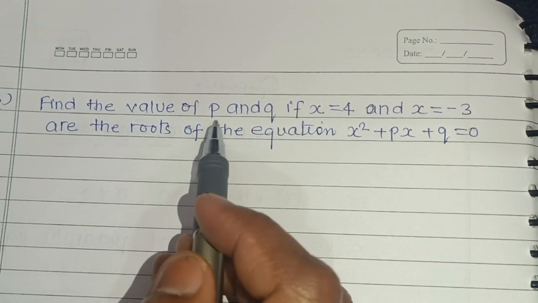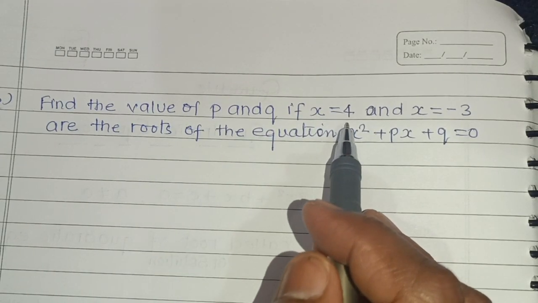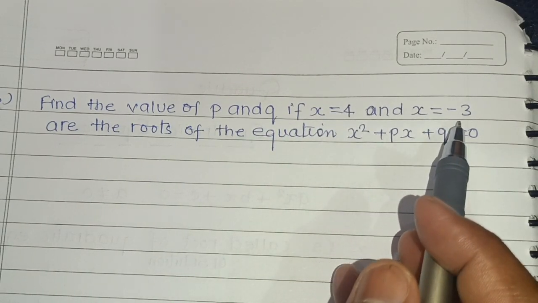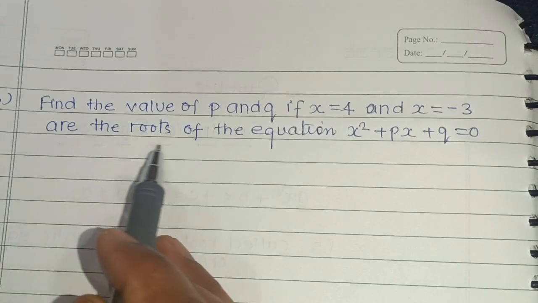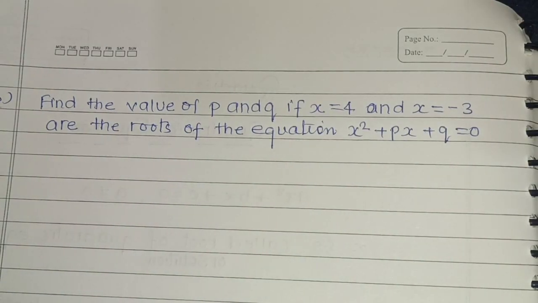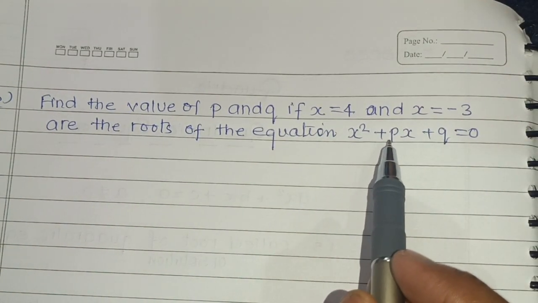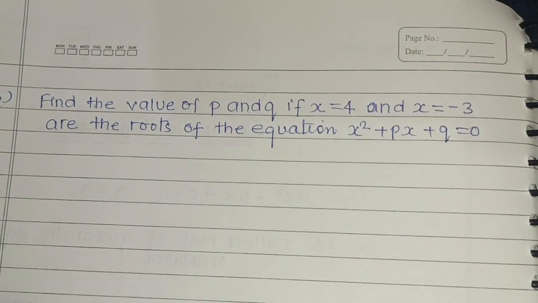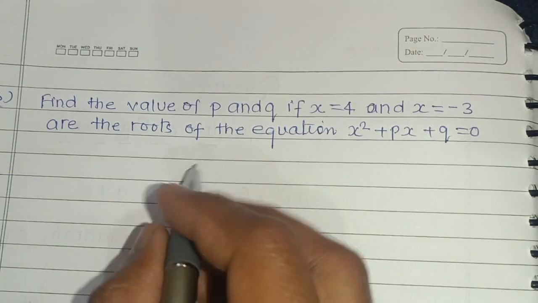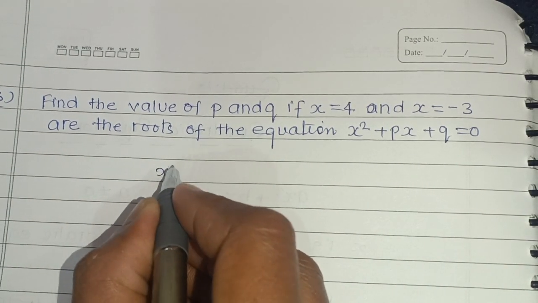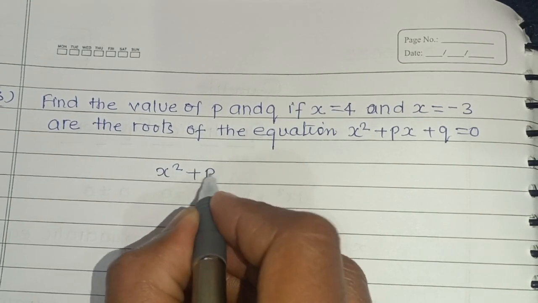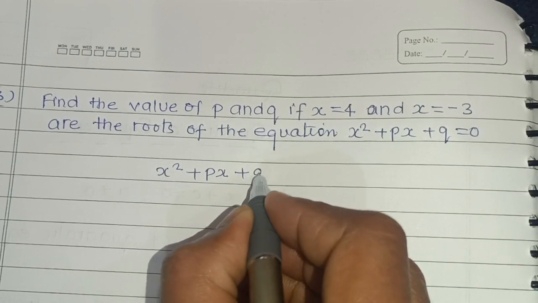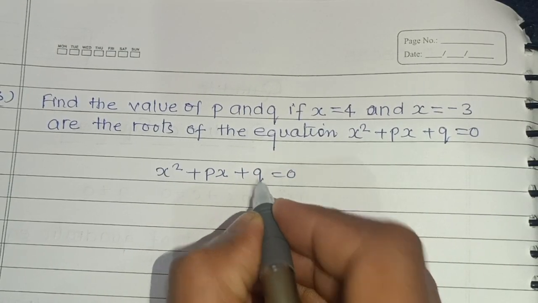Find the value of p and q if x is equal to 4 and x is equal to minus 3 are the roots of the equation x square plus px plus q. First of all, we will write the equation that is x square plus px plus q is equal to 0.